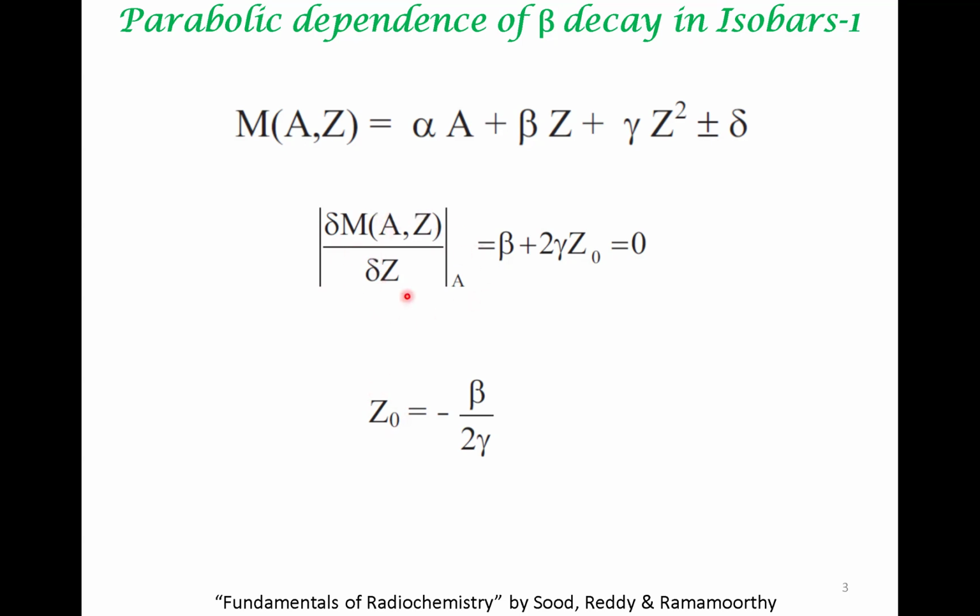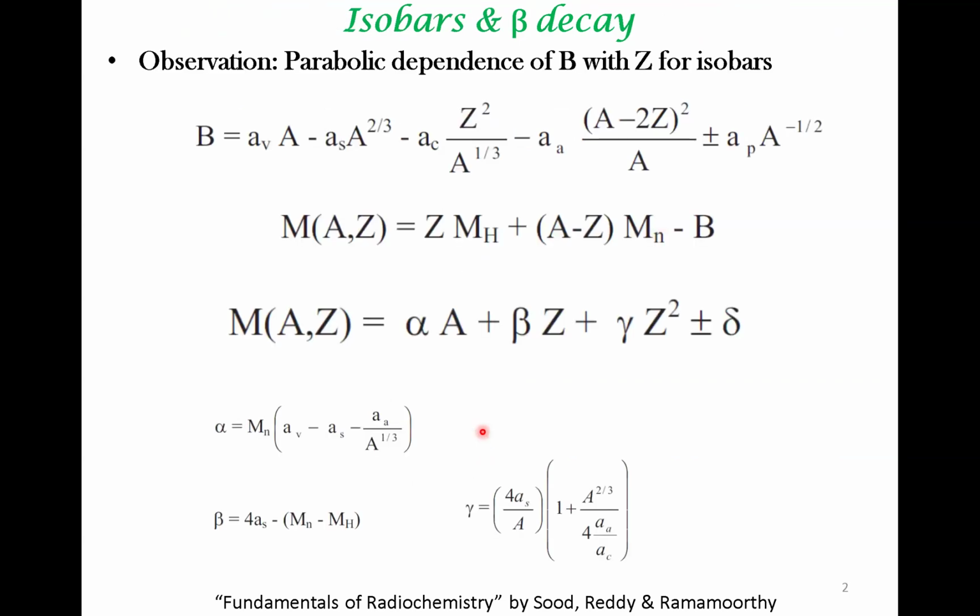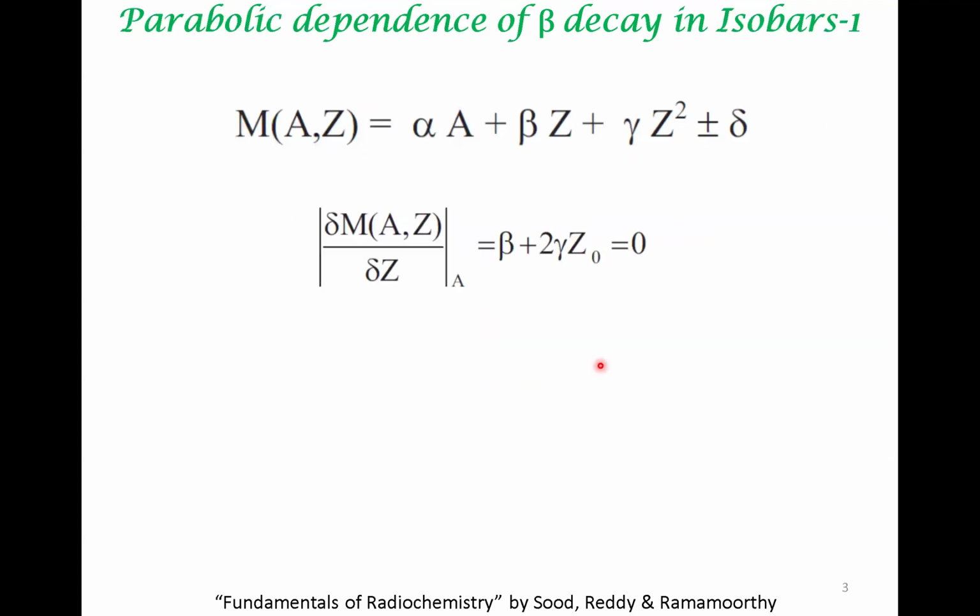When you differentiate with respect to Z and equate it to 0, what you are asking is, amongst all these isobars, what is the minimum? All these constants, beta, gamma, can be obtained. This is all a function of known quantities. We can get these just from the model equations.